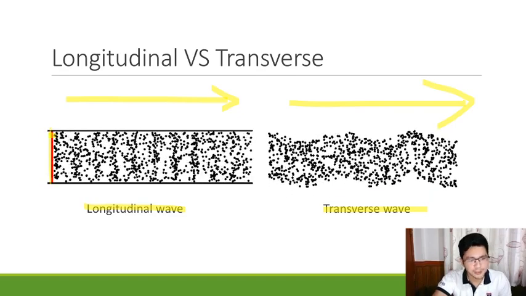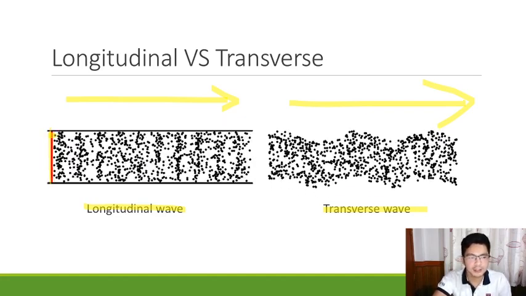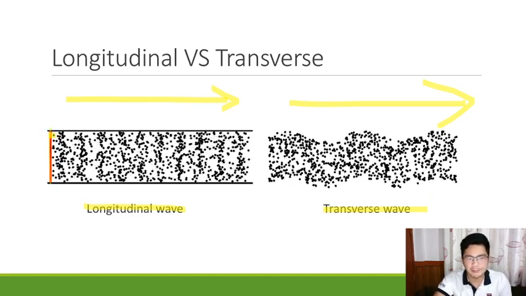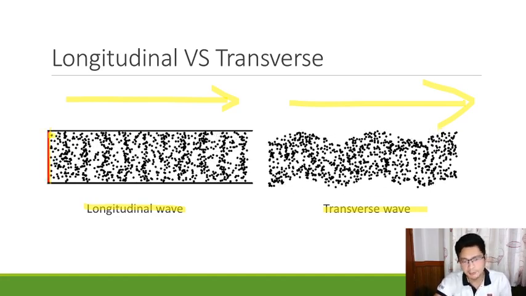Yan. So, itong molecule na to, class, nag-move lang siya back and forth, transferring the momentum, transferring the energy na pinasa sa kanya ng vibrating object to another molecule. And then, yung next na molecule na katabi niya, siya naman yung tatama dun sa susunod na molecule na katabi niya hanggang maulit na maulit yung cycle hanggang makarating tayo dun sa dulo.